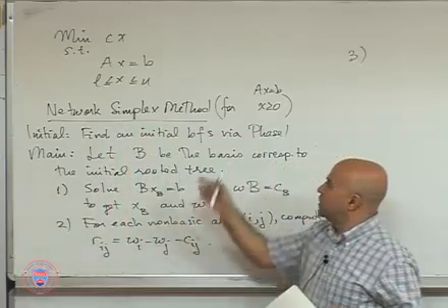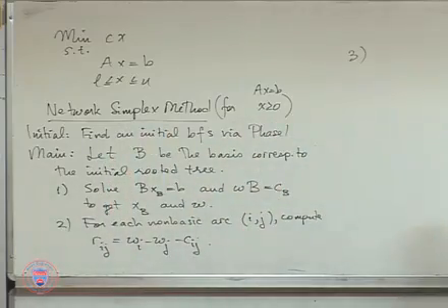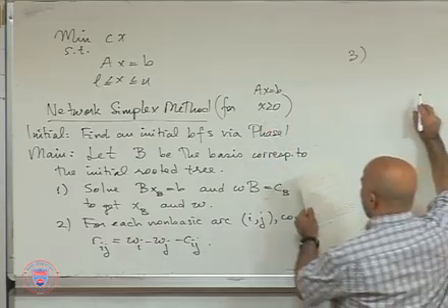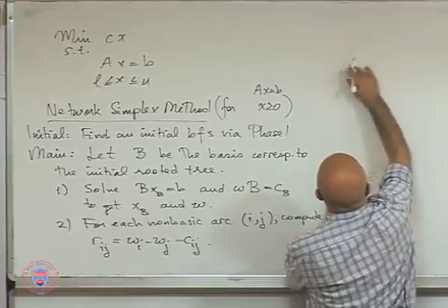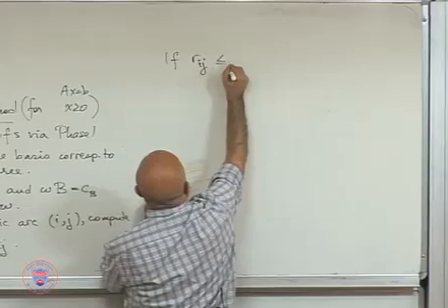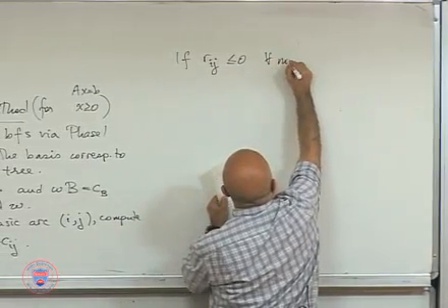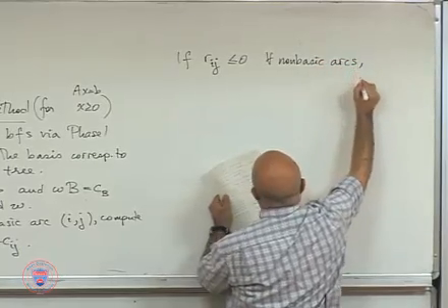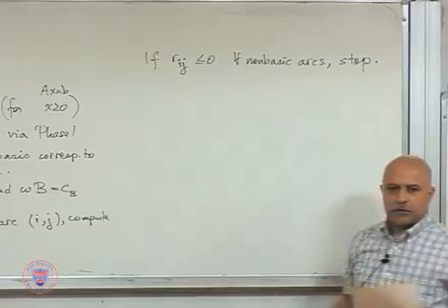I'm giving you the basics of the special case, and then we'll give the adaptation to the lower and upper bounded case. Now, if Rij for this case is less than or equal to 0 for all non-basic arcs, the current basic feasible solution is optimal, so we stop.